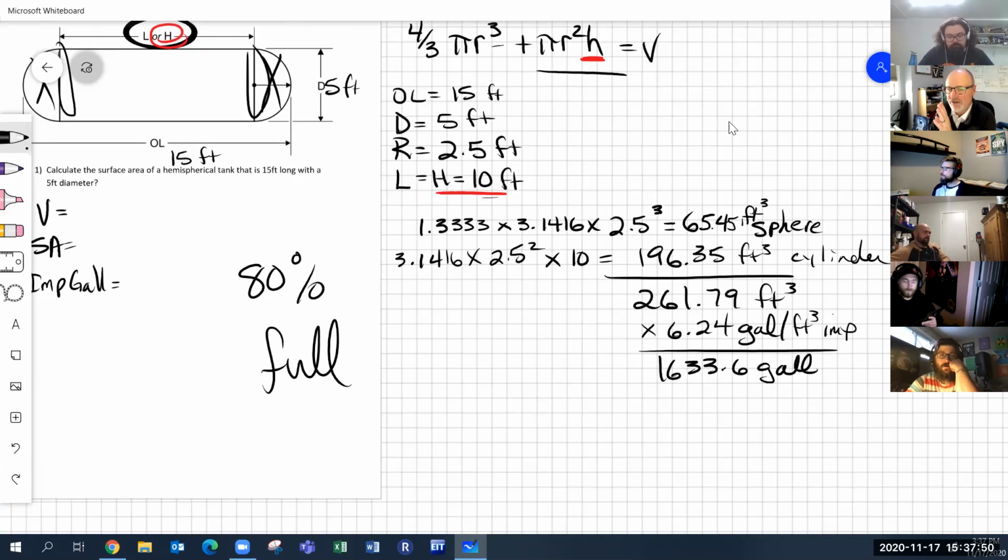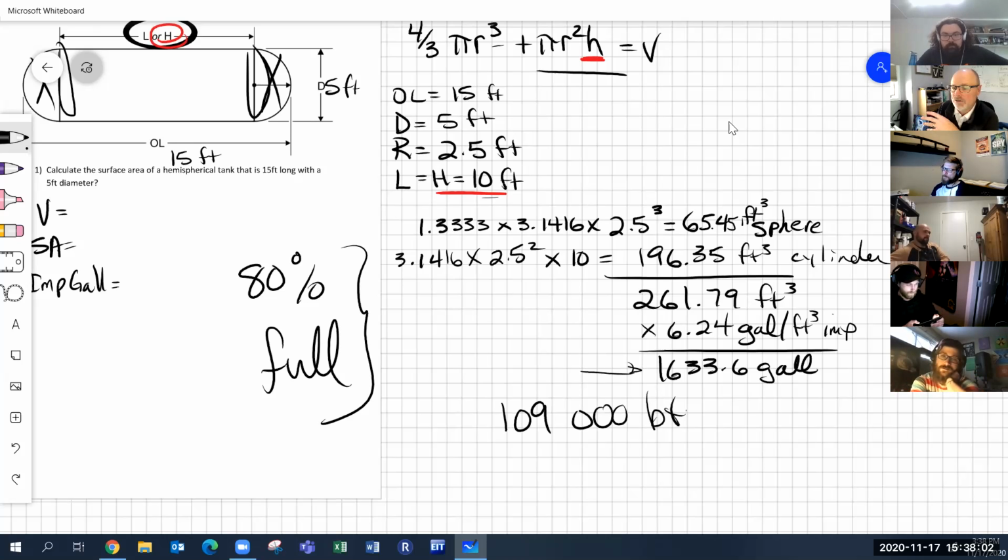So you got to be aware of how to do that too. And then they could say, okay, you have this many gallons. 1 gallon is 109,000 BTUs per gallon. How many BTUs do you have in that tank? Whatever, right? You can go on and on with these things.